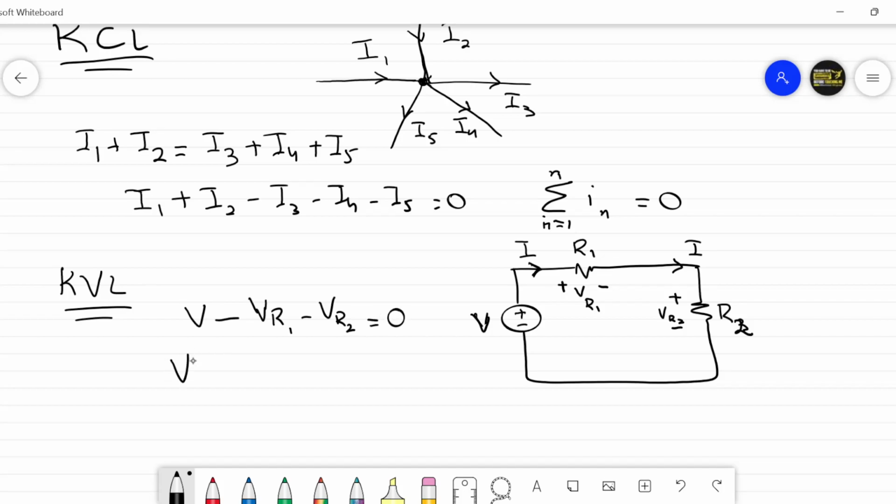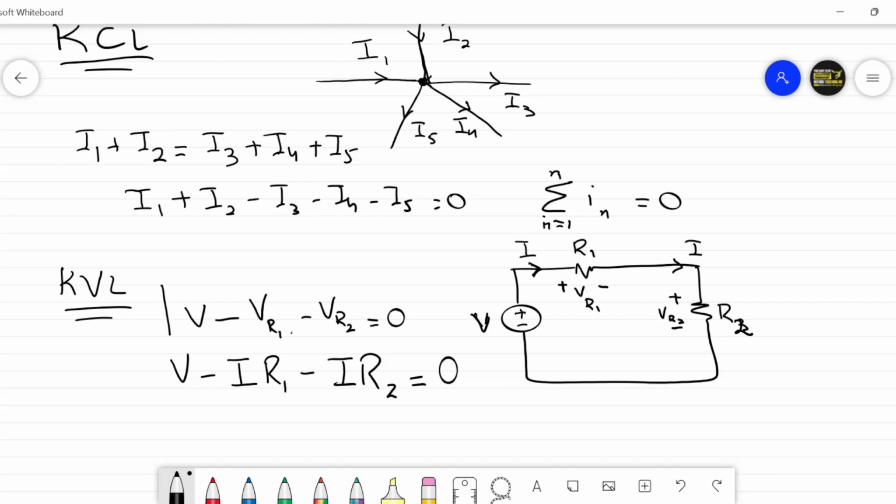Here R1 is a subscript, so VR1 is not V times R1. VR1 means the voltage across resistance R1, which is equal to I R1, minus VR2, where R2 is a subscript of voltage V, and VR2 is equal to I into R2, and this is equal to 0.